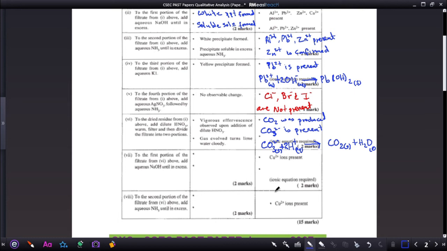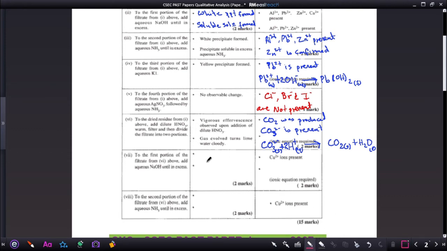Part 7. To the first portion of the filtrate from 6 above, add aqueous sodium hydroxide until excess. So what do we expect? The inference is stating that copper ion is present. And if copper ion is present, what should we observe?